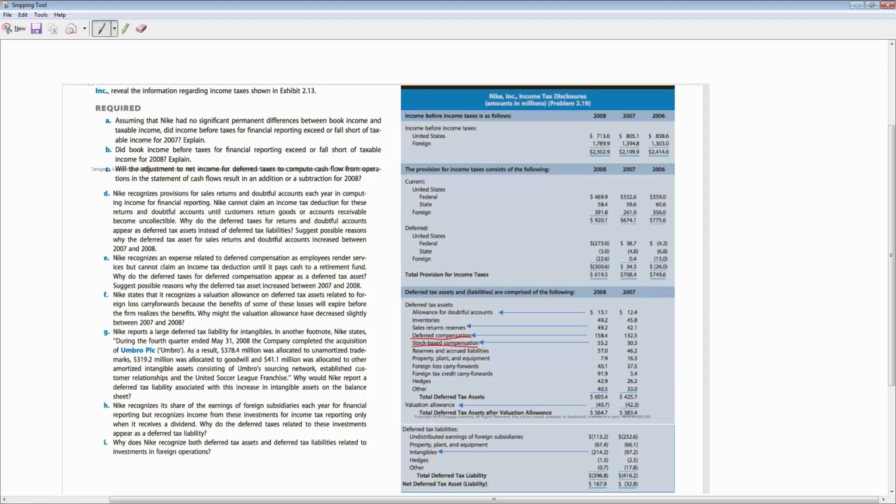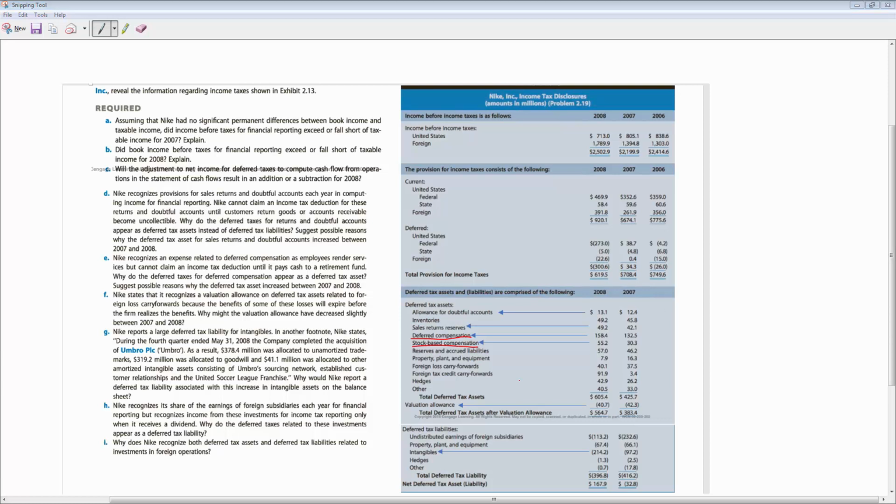They are both expenses recognized early in financial reporting. So the taxable income is greater than income before tax, so tax owed is greater than income tax expense. So this will result in deferred tax assets.